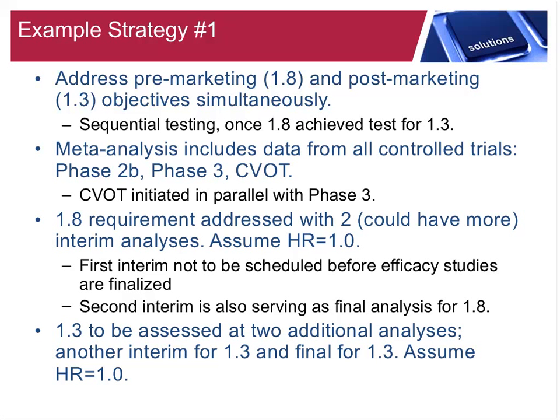So that is one thing to consider, and careful planning is important here. The second interim analysis of this meta-analysis is going to serve as the final analysis for 1.8. And to come up with a design for 1.3, we're also going to have an additional interim analysis for 1.3 and then the final analysis for 1.3.